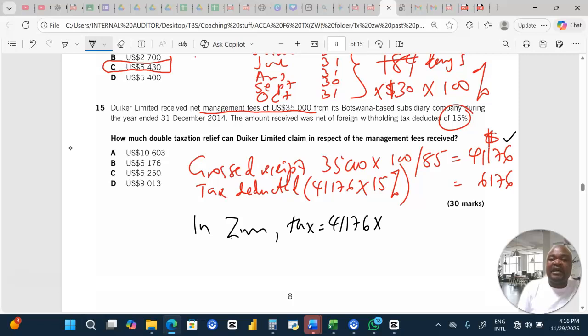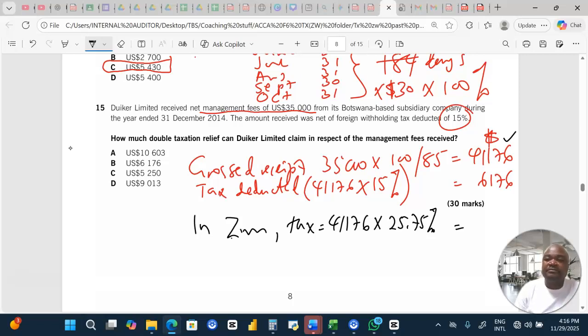Companies are paying at 25% plus 3% AIDS levy. Remember, refer to how we compute these things, it should be 25.75%, not 28%. It's 25.75%. Remember, it's 3% of 25%, not 3% plus 25%.